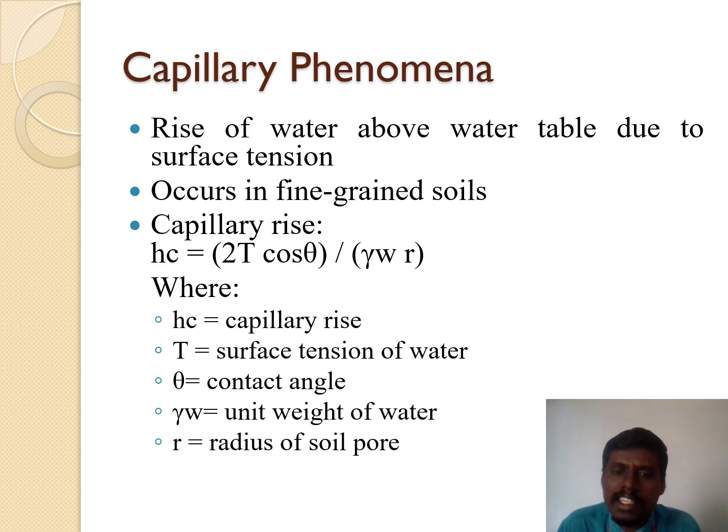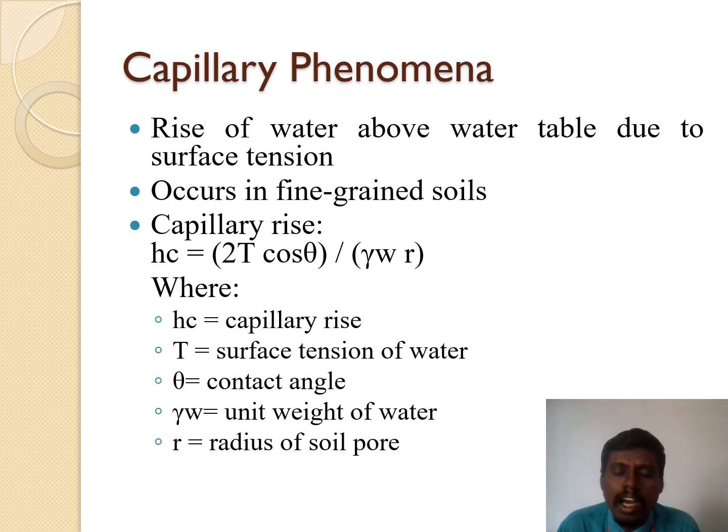Surface tension is normally denoted by capital T. So the formula becomes Hc equals 2 times the surface tension, because the water surface has two sides on which the surface tension acts, so 2 times surface tension into cos theta divided by gamma W into R.